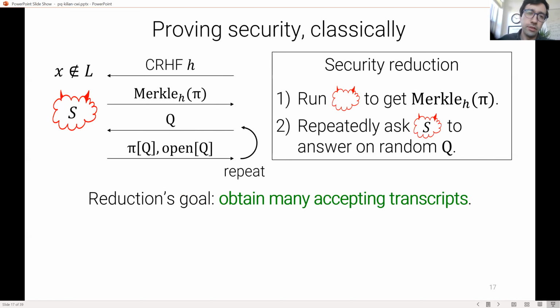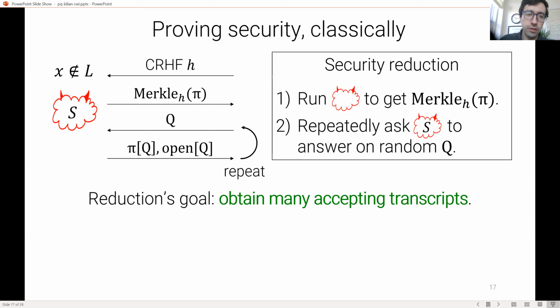Then you ask the adversary a question, and the adversary will give you an opening and the positions that it claims, and you do this over and over again.